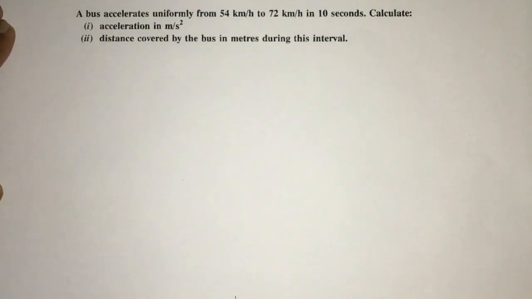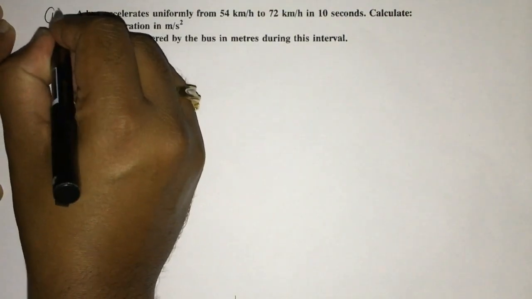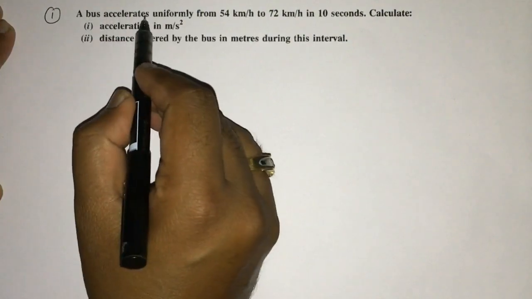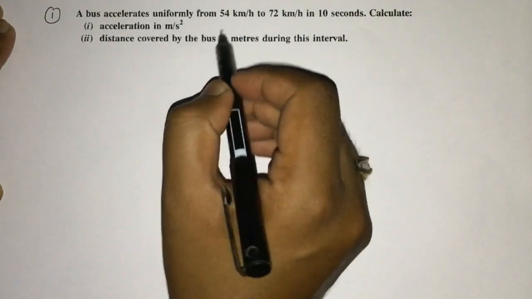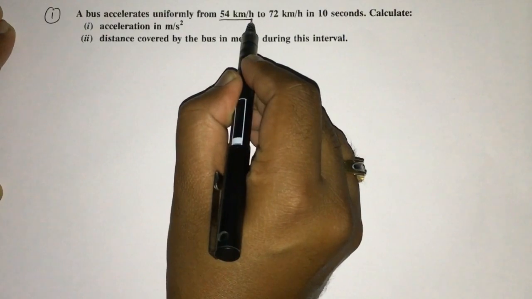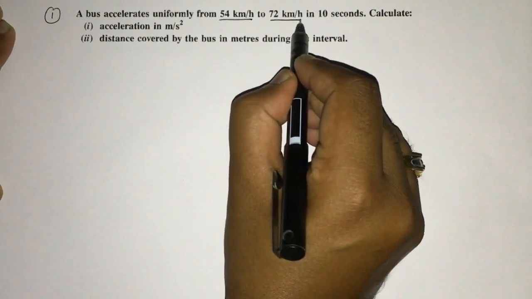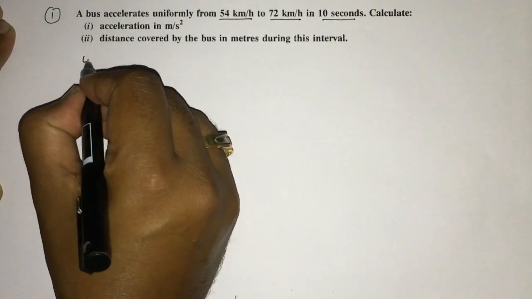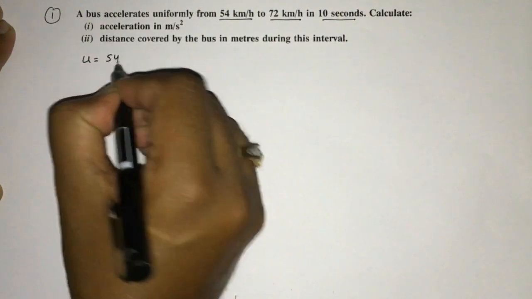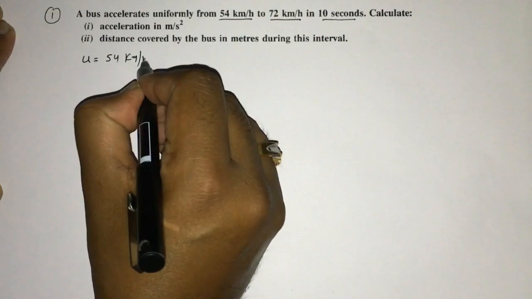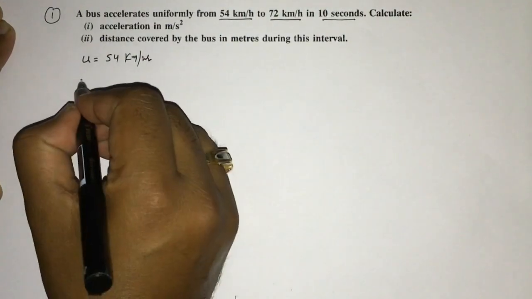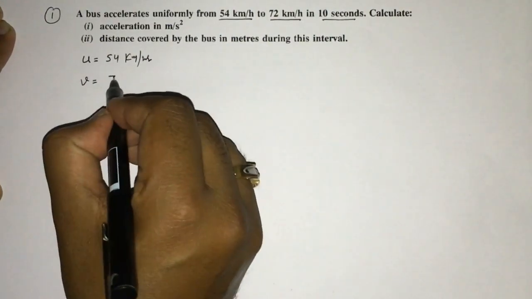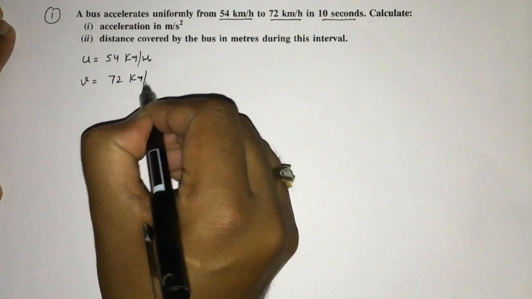So starting with the first question: a bus accelerates uniformly from 54 km per hour to 72 km per hour in 10 seconds. So the initial velocity, which is denoted by u, is 54 km per hour and the final velocity, denoted by v, is 72 km per hour.